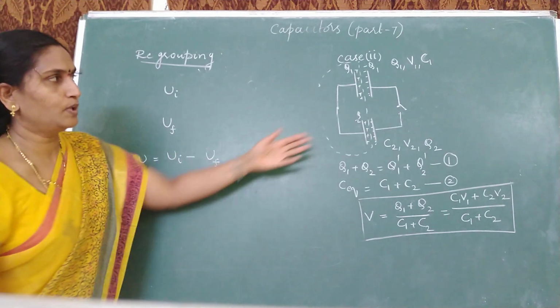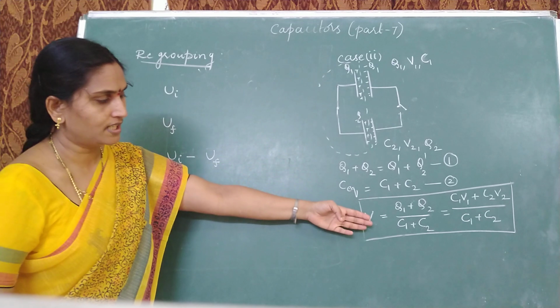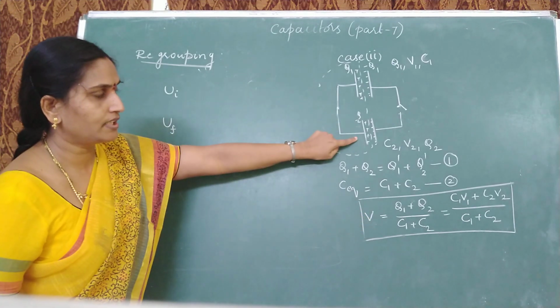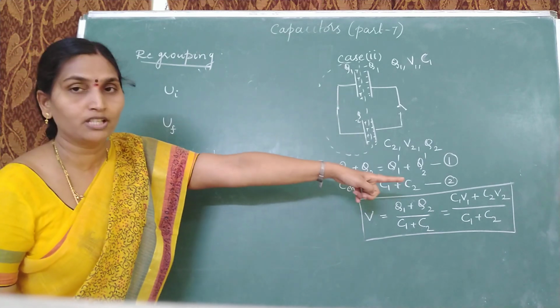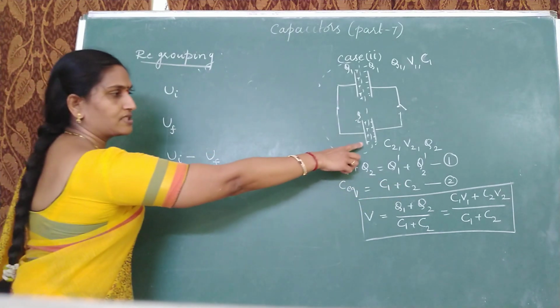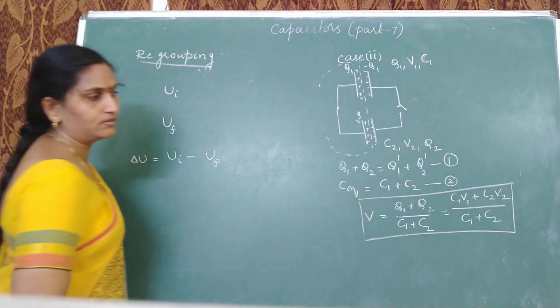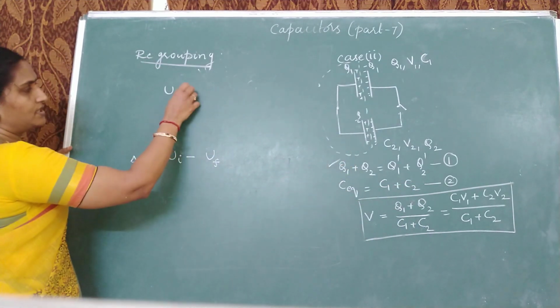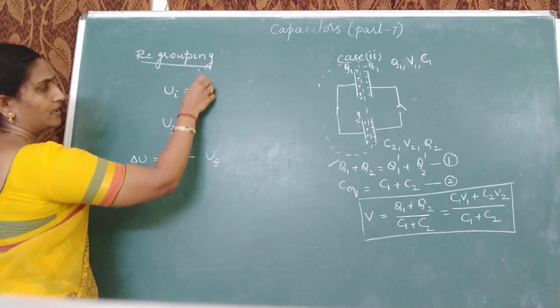So I will take the example of case 2, because here itself you can make the modification as per the requirement. Suppose you are connecting dissimilar plates, you can make V2 negative. If the second capacitor is uncharged, put V2 equal to 0. So I will take this and derive the relation. What is the initial energy of this system?